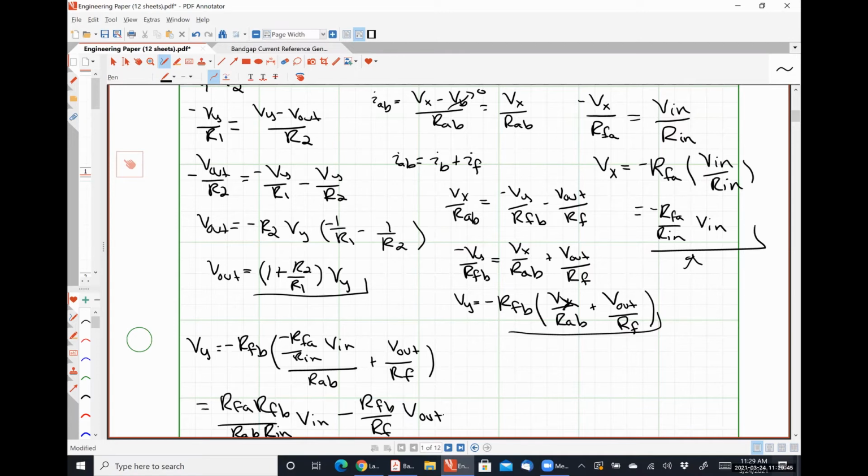All right, so let's move on. So we have now an equation for Vy in terms of Vn, and so we're going to plug all of this back into our V out equation. And so V out is this equation right here.